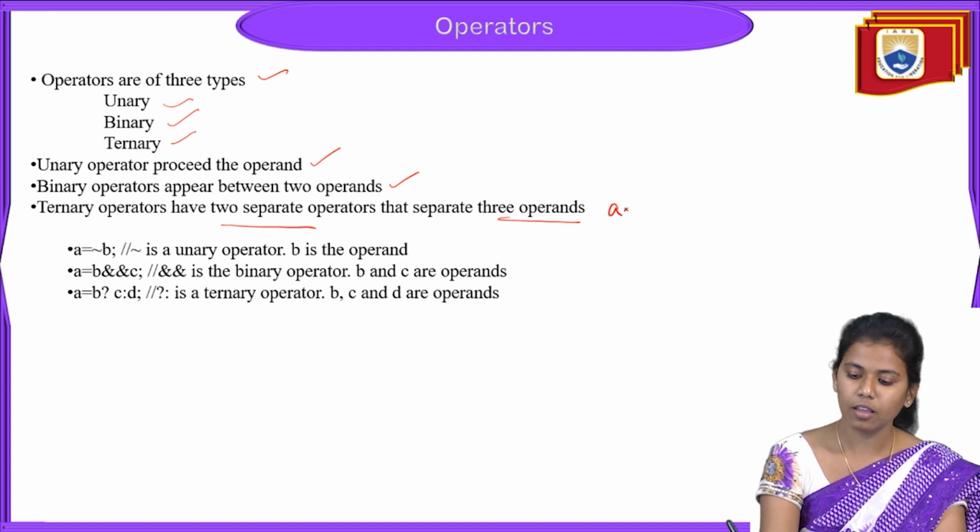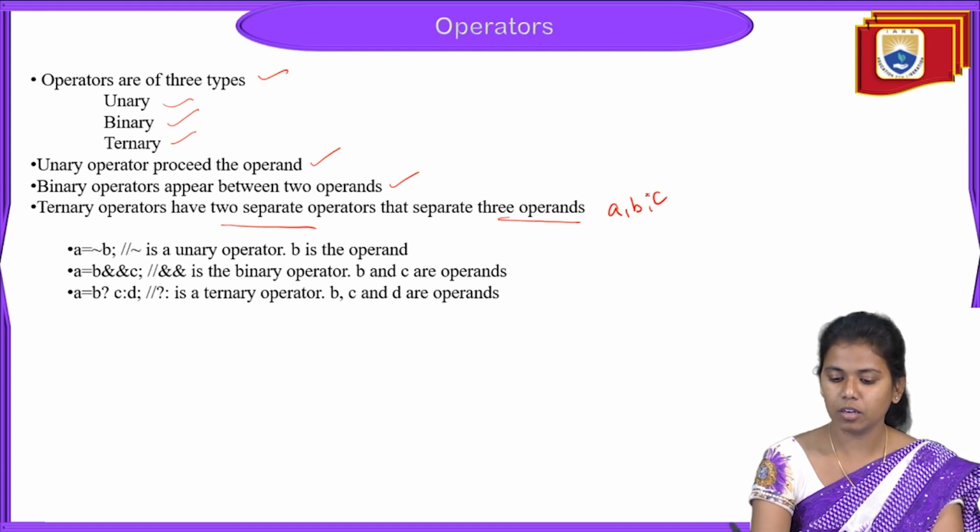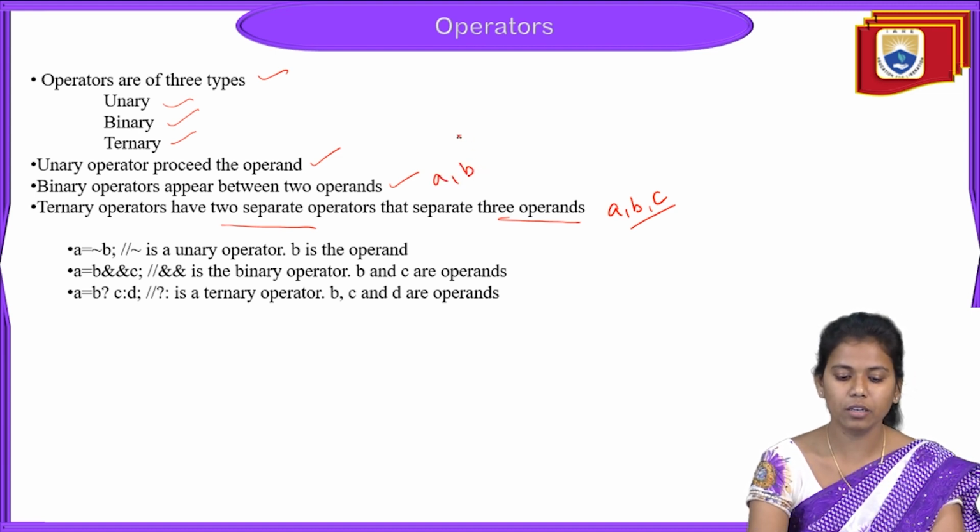Here you see the ternary operator, the operator that separates the three operands. Whereas binary appears between two operands, and unary operator precedes the operand.